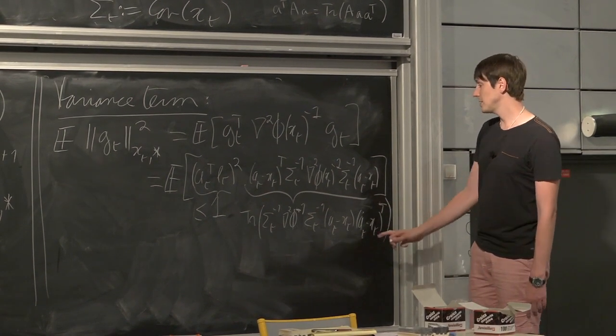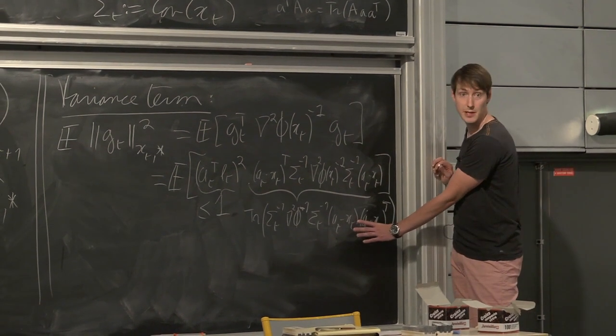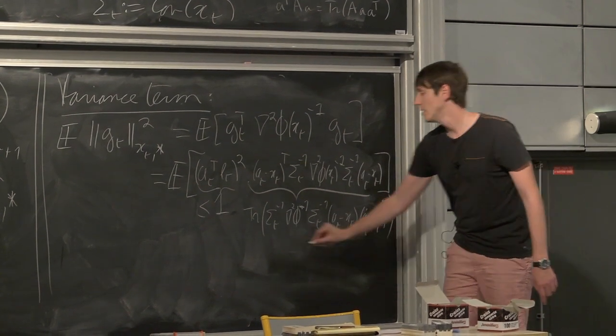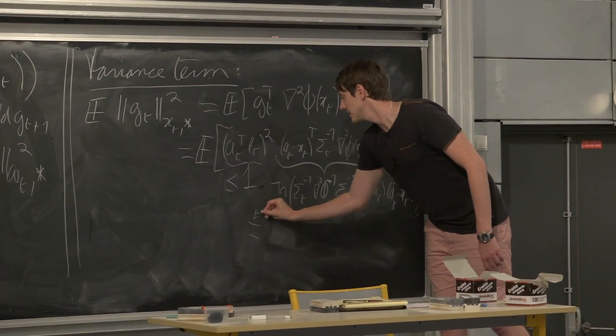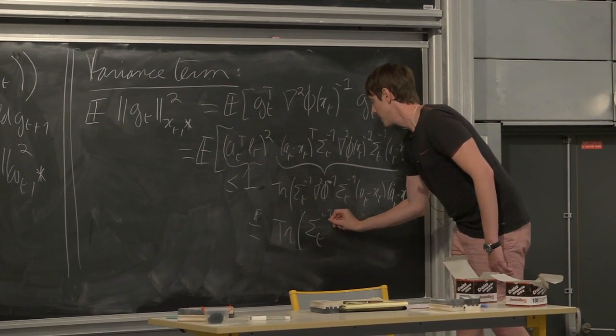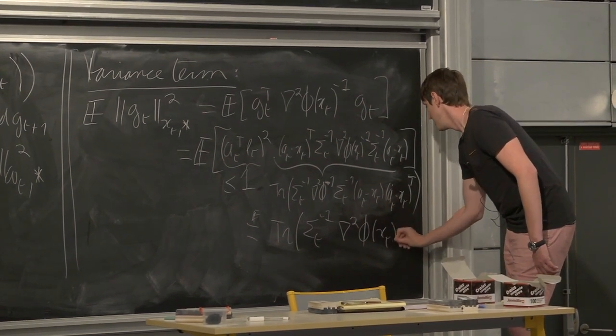But now the point is, in expectation, when a_t is sampled from p of x_t, I get sigma t here. So one of the sigma t cancelled with the sigma t inverse. So this is equal in expectation to the trace of sigma t inverse times the Hessian phi at x_t inverse.